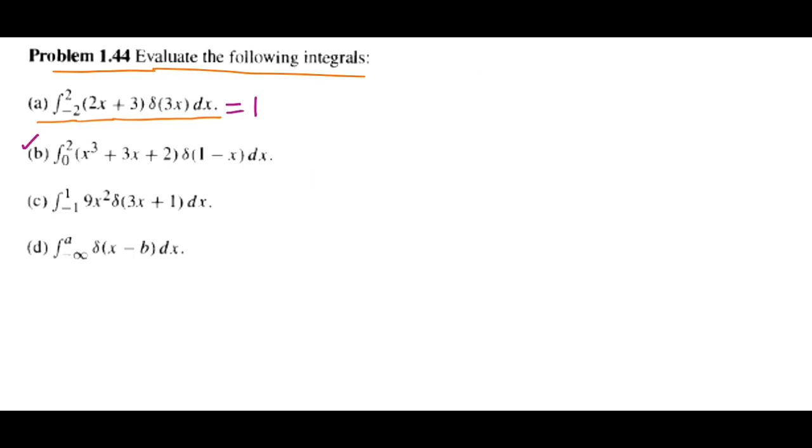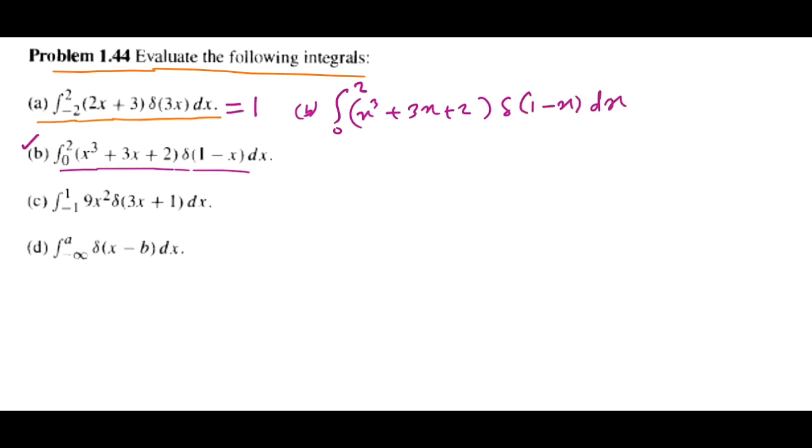The second problem, question B, is the integral from 0 to 2 of x cube plus 3x plus 2 into delta 1 minus x dx.